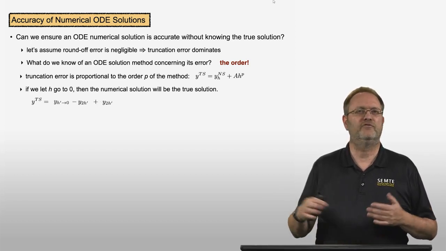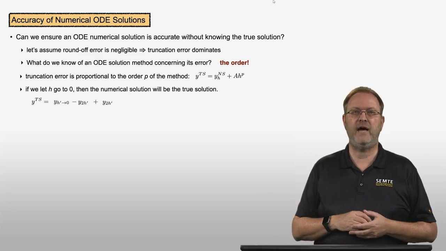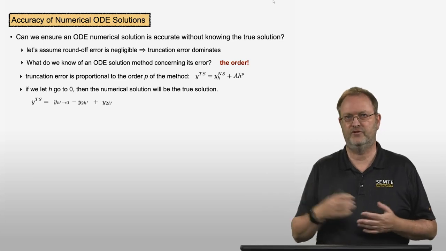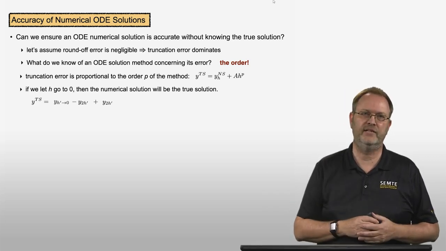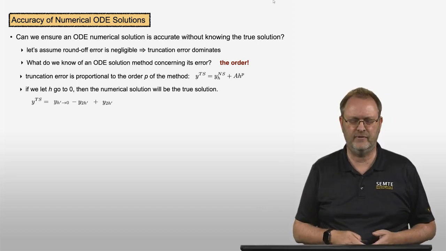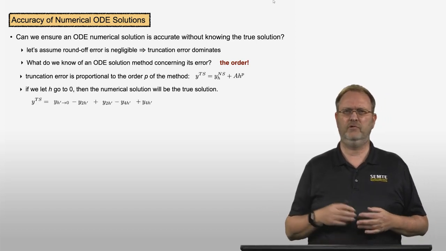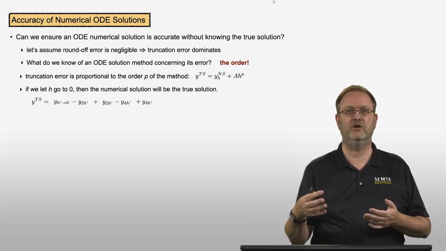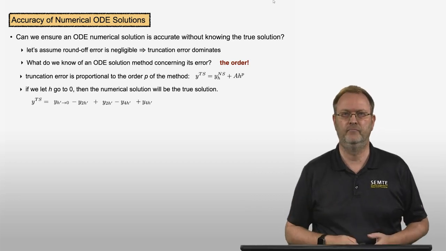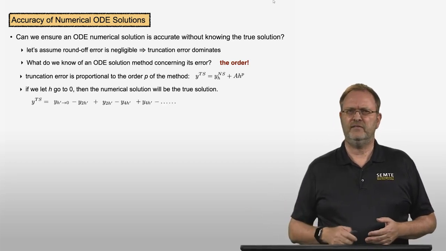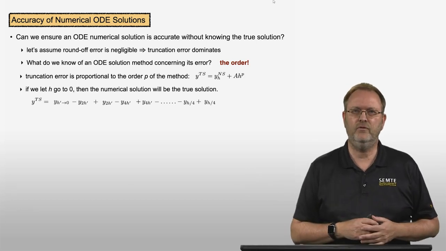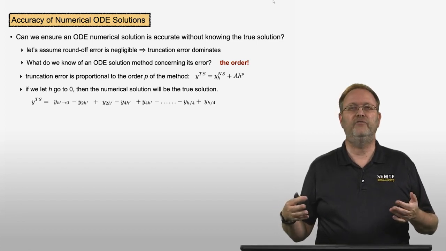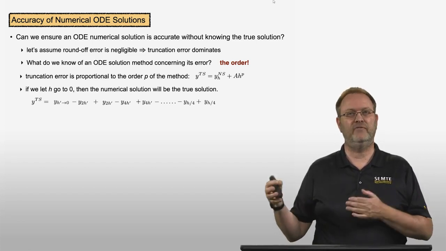So now let me add a lot of zeros to this equation. I'm going to add the numerical solution that has twice that step size, 2h prime, and I'm going to subtract that value as well. So I'm just adding 0 to the right-hand side, and I keep on doing this. I'm going to add and subtract the numerical solution that I obtain with a step size twice larger, 4h prime. I'm going to keep on doing this, always adding and subtracting the same value, until I add and subtract a numerical solution y that I have obtained with a step size of h divided by 4.